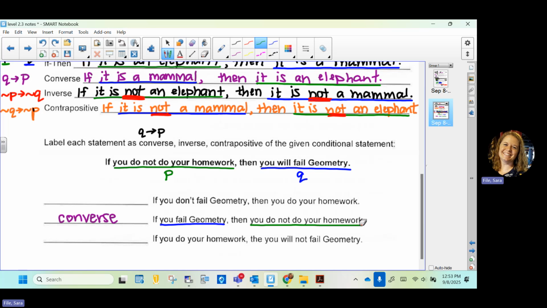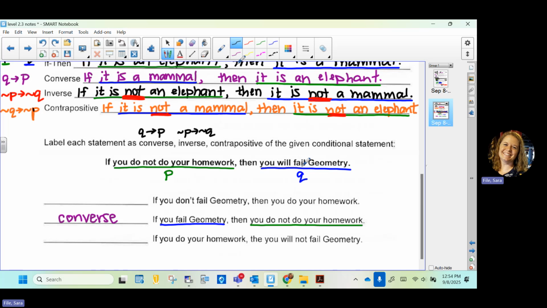Okay, now inverse is the one where we negate. We say not the. Now, this one is a little different because there's already a not in the original statement. It says if you do not. So the negation would cancel that not out. So the negation of P would be you do your homework.